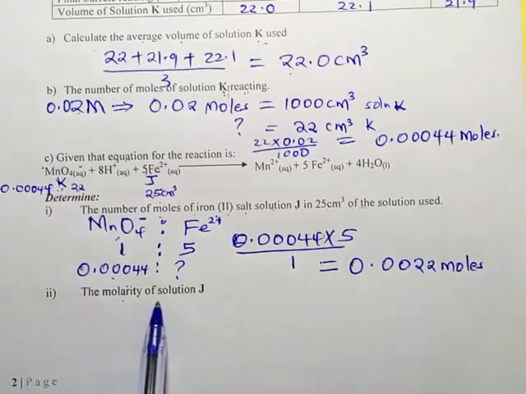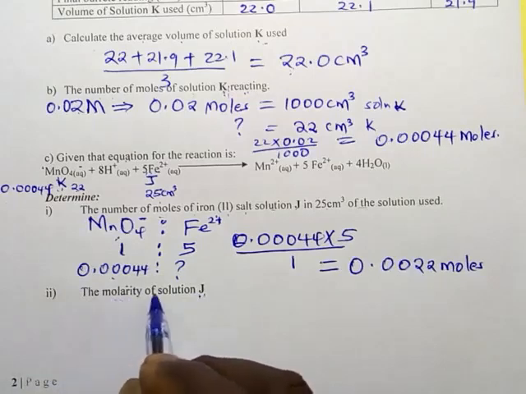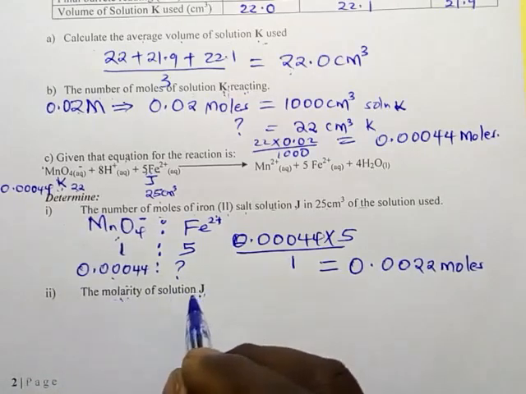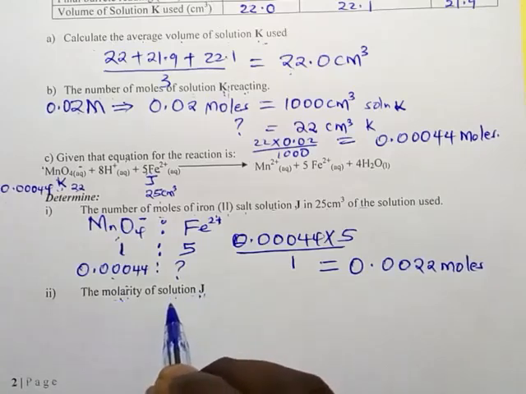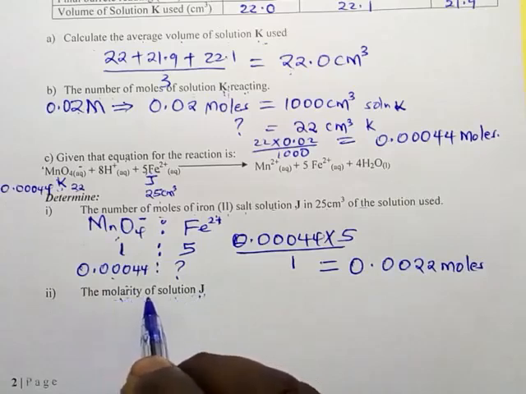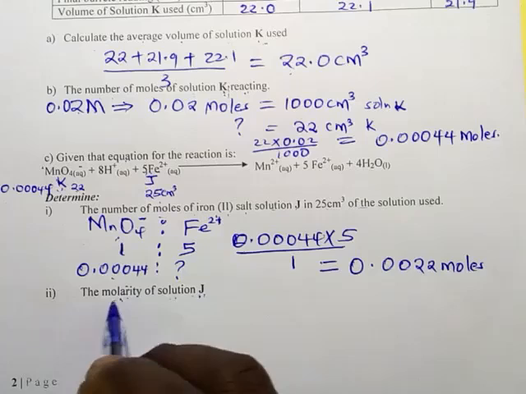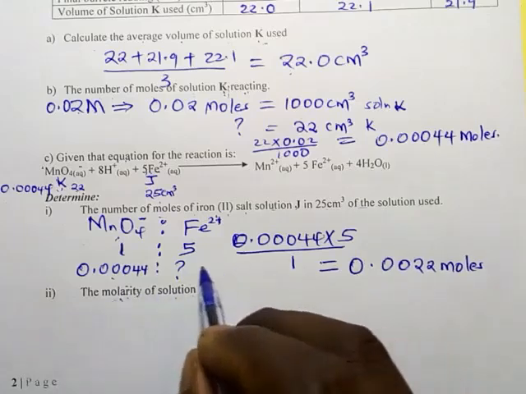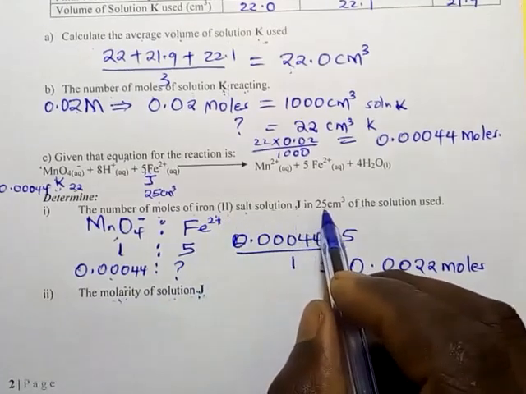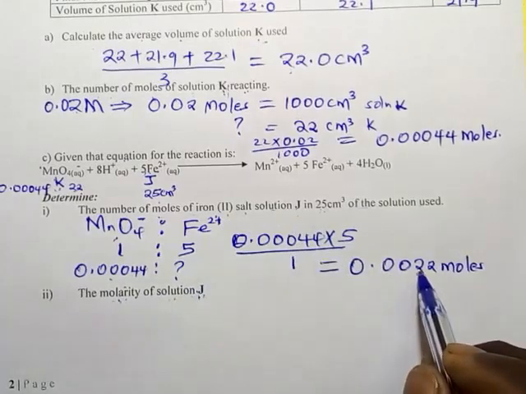Determine the molarity of solution J. Molarity, like I have always said, what is molarity? Molarity is the number of moles of a solution in 1 liter. So for J, we know the number of moles of J in 25 centimeters cube.